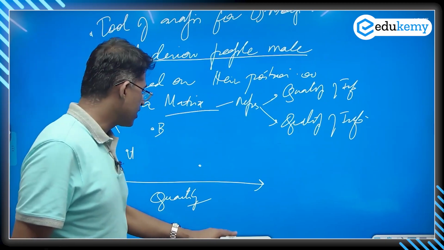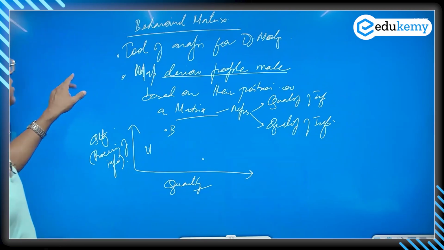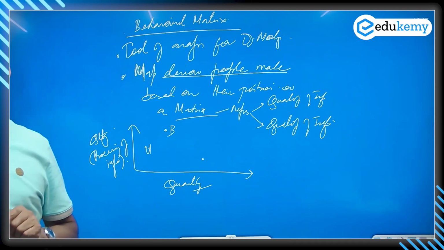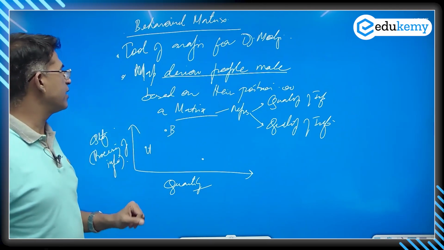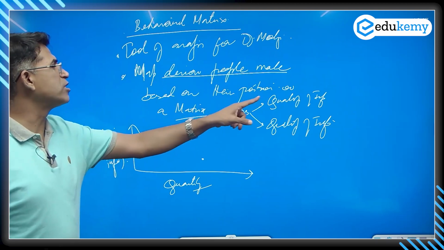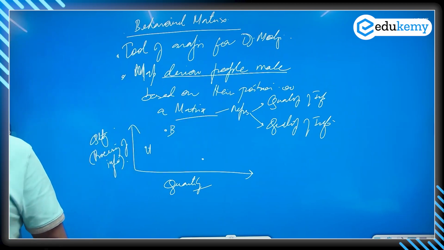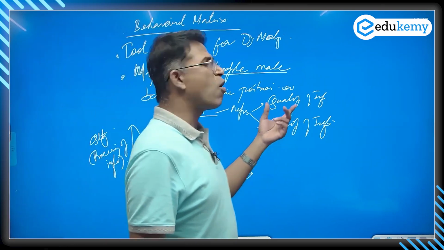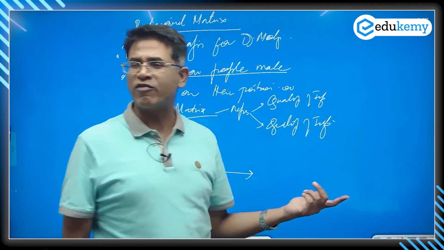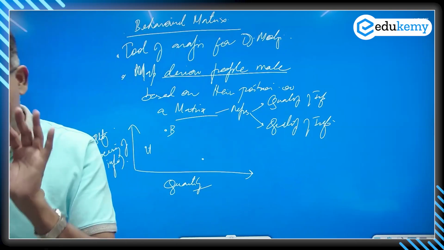I said the behavioral matrix is a tool of analysis for decision making. It maps the decisions people make based on their position on the matrix. What is a matrix? A matrix is a map of 2 variables, quantitative information and qualitative information. Did you understand the concept, all of you?